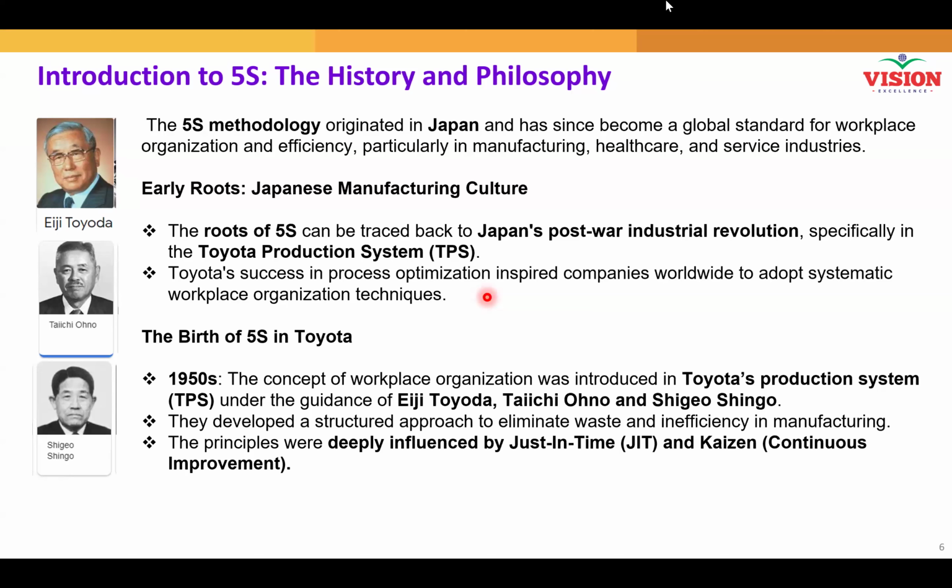We also know that, because of the inspiration gained from Toyota's success, the quality gurus across the globe studied TPS and then made it available to other companies in the name of lean, right? Within TPS, 5S was introduced as one of the tools, but from 1980 onwards, 5S has become a separate framework, using which a company can achieve operational excellence.